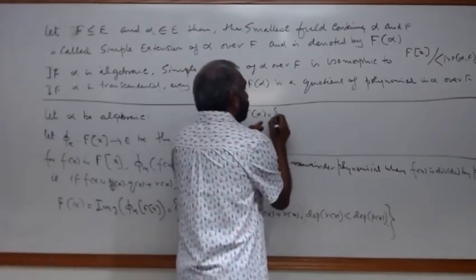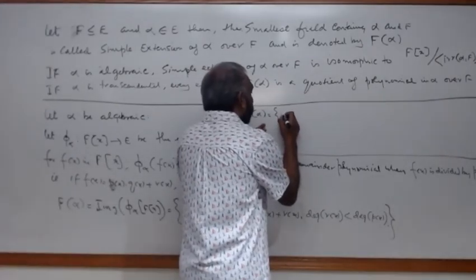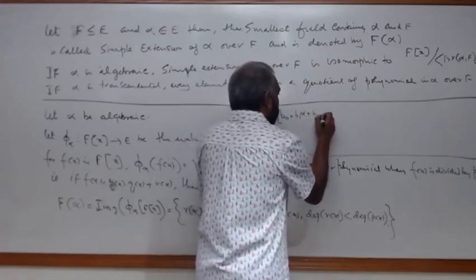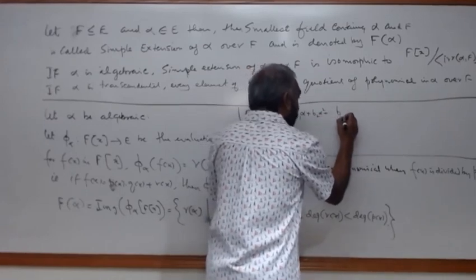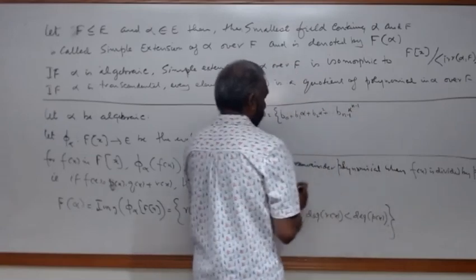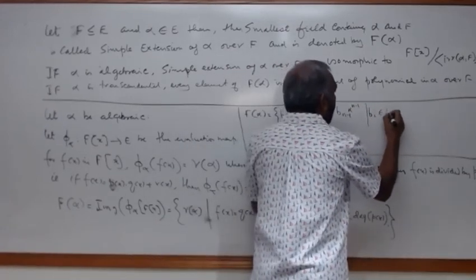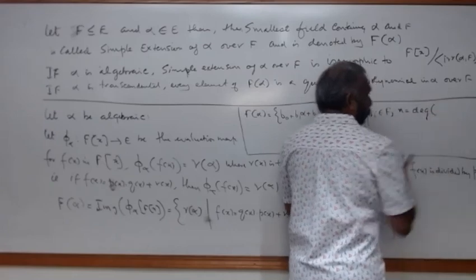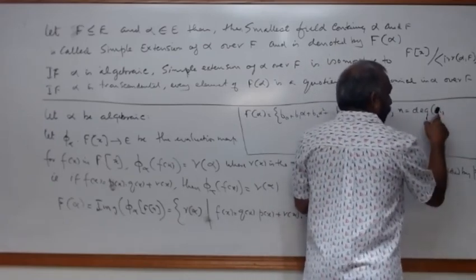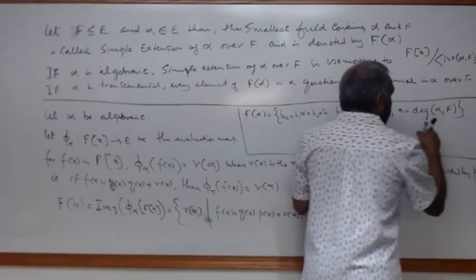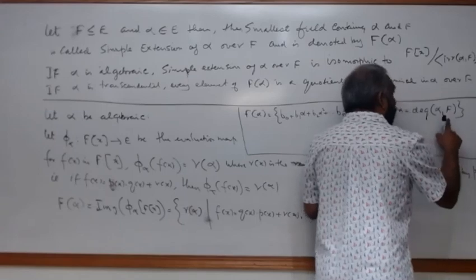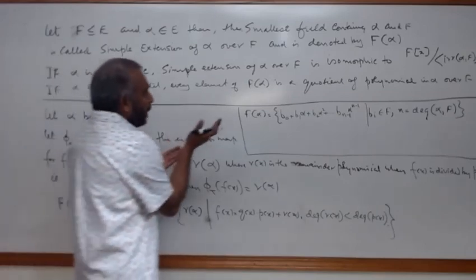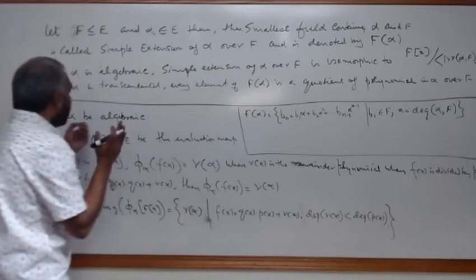So this will be equal to, let's say, b0 plus b1 alpha plus b2 alpha squared plus and so on up to b(n-1) alpha to the n minus 1, with the bi's in F, and n is equal to the degree of alpha over F, which means that it is the degree of the irreducible polynomial for alpha over F.